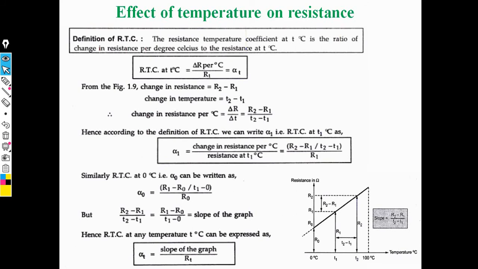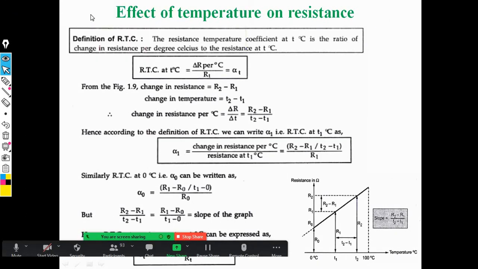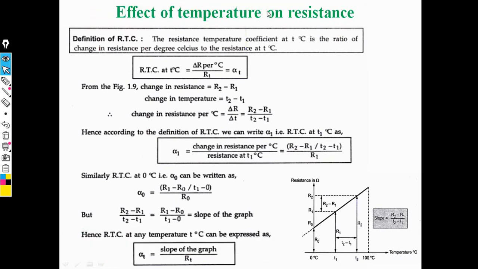Resistance temperature coefficient is defined as the change in resistance per degree Celsius upon RT, the resistance at temperature T. It is the ratio of change in resistance per degree Celsius to the resistance at T degree Celsius, and this is called the resistance temperature coefficient.